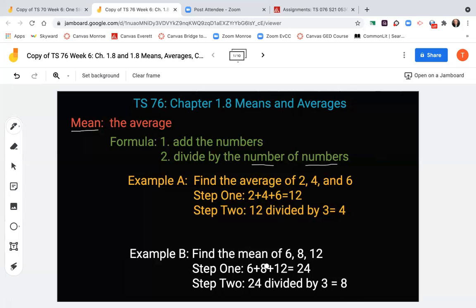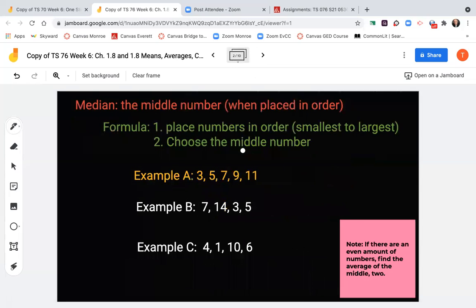Example B, find the mean of 6, 8, and 12. Add those numbers together first, get 24. There's only 3 numbers. Divide by 3, you get 8, okay? So that's a simplified version of how you find the average. You're just adding them all up and dividing by how many numbers there are, okay?